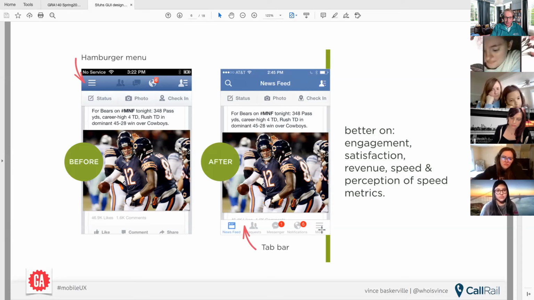In some cases, you may want that down at the bottom. Why might you want the hamburger down here instead of up there? Yeah, it's that single person with the thumb trying to operate their phone, and even this could be tough to get to with that thumb down there.